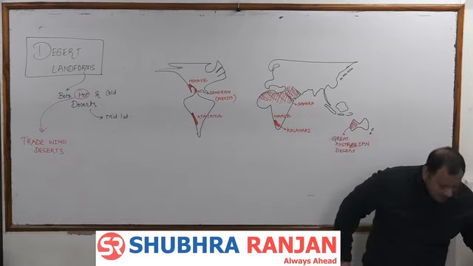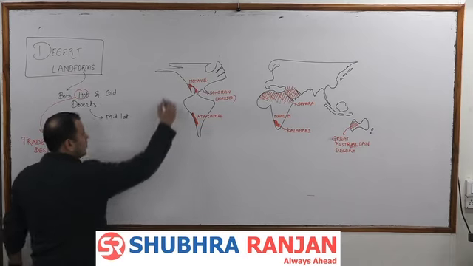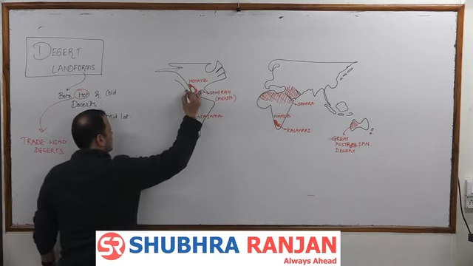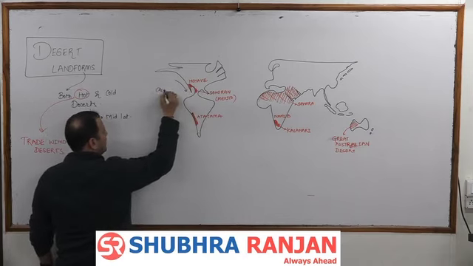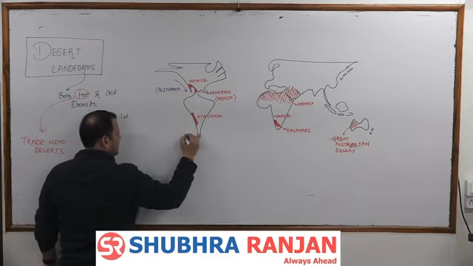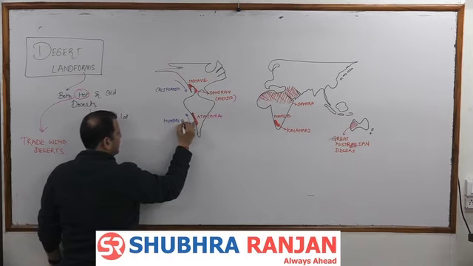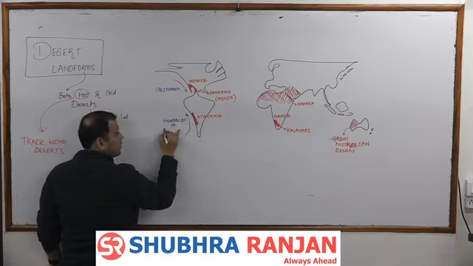So this is what the hot deserts are, and they all are washed by cold currents. Which is this current? California. Which is this current? Humboldt, or it is also known as Peruvian current.